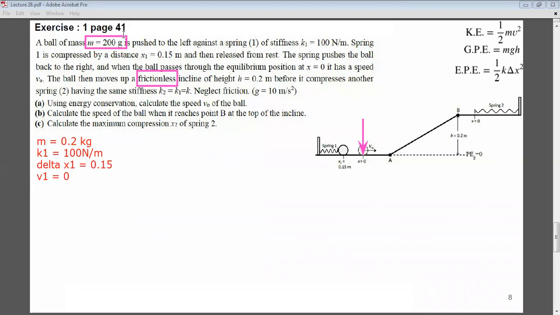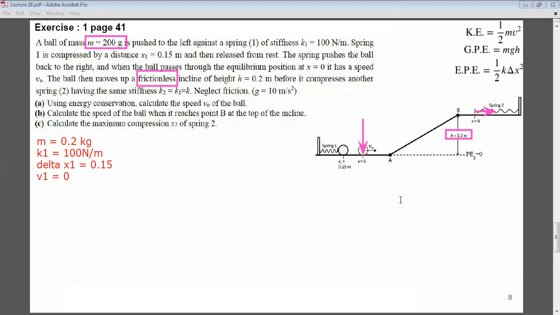So we have this height h, 0.2, before it compresses another spring having the same stiffness K2 equal to K1 equal to K. So once the ball reaches here, it will reach the spring and compress it. Use energy conservation to calculate the speed V0 of the ball.